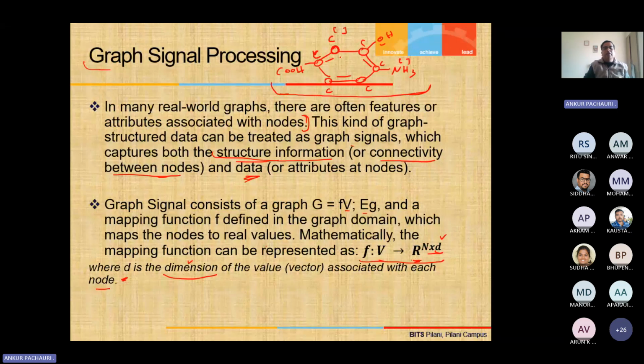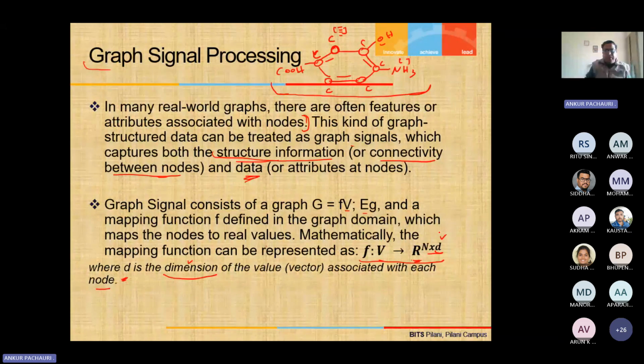Suppose there are 10 different properties associated with that carbon node. We are taking care of atomicity, molecular value, charge, number of electrons in the outer valency shell, and many more things.